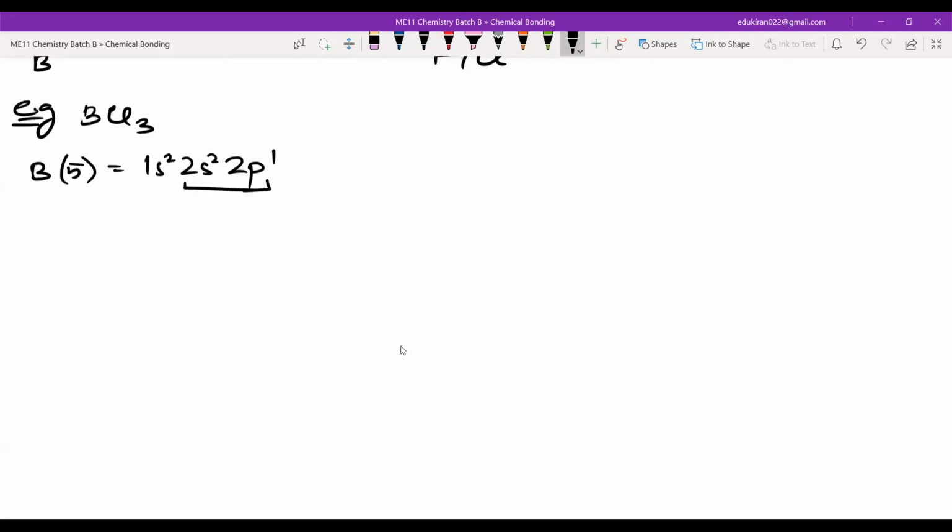So we'll write the ground state here. Please listen to the question that I asked. Now tell me, how many bonds is boron making? 3 bonds. And how many unpaired electrons does it have?